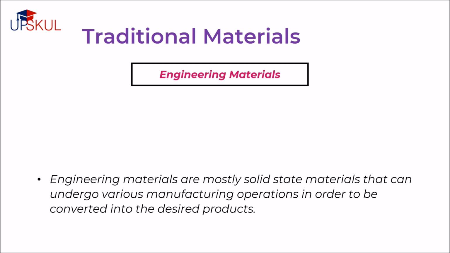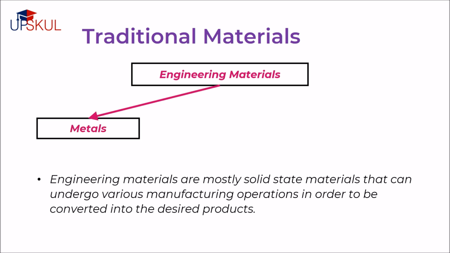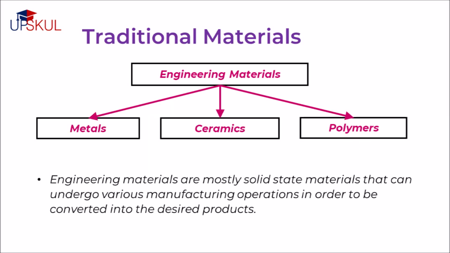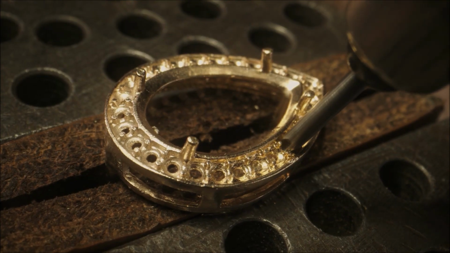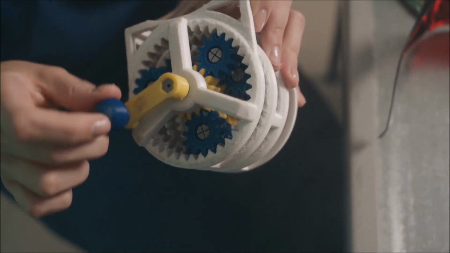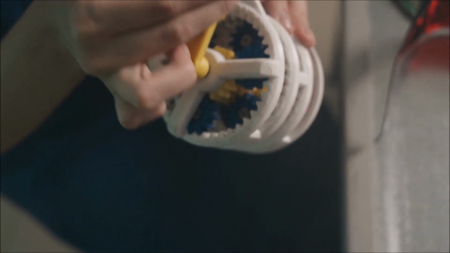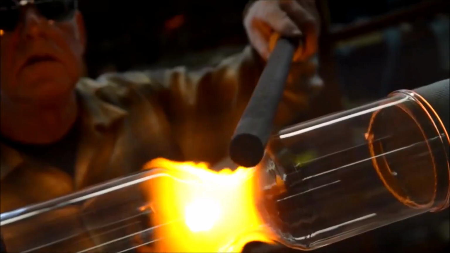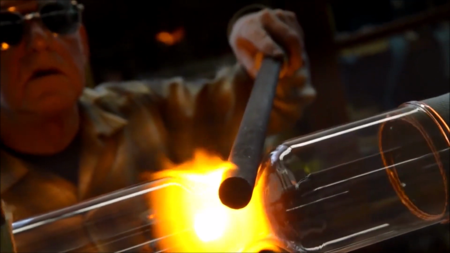Most engineering materials can be classified into three basic categories: metals, ceramics, and polymers. Their chemistries are different, their mechanical and physical properties are different, and these differences affect the manufacturing processes that can be used to produce products from them.